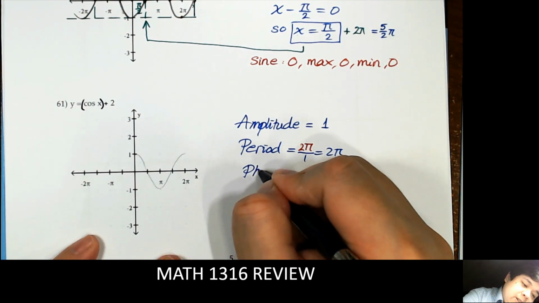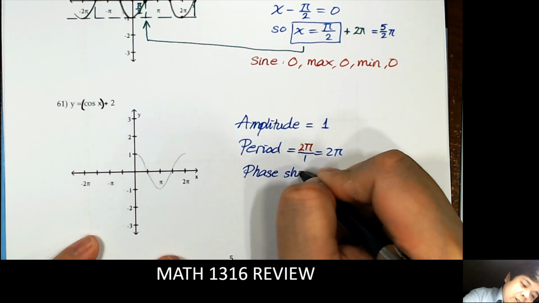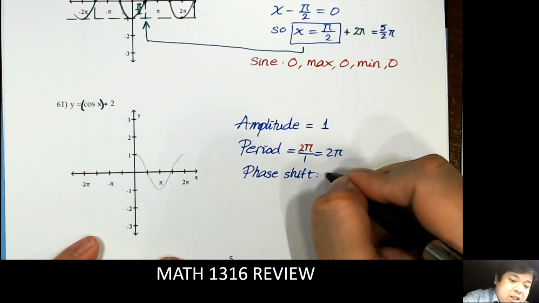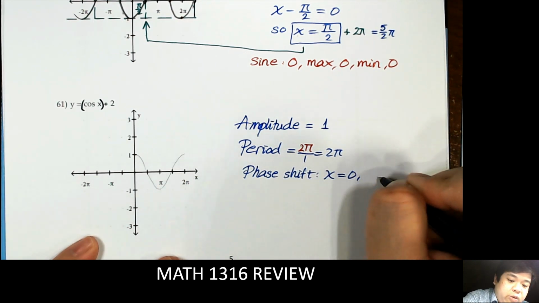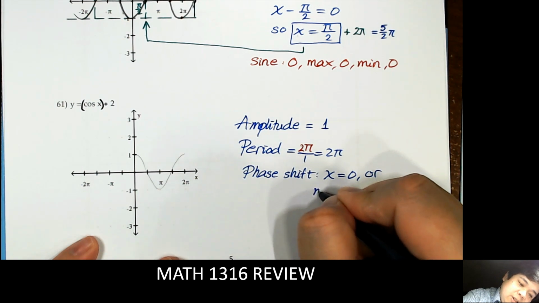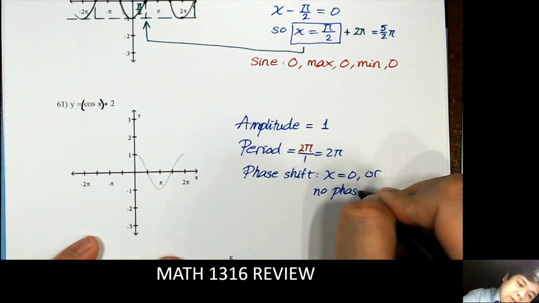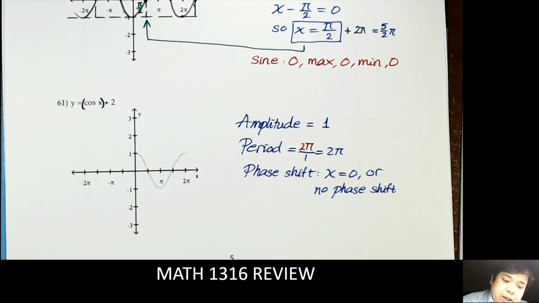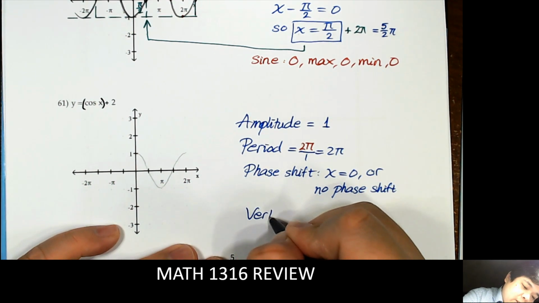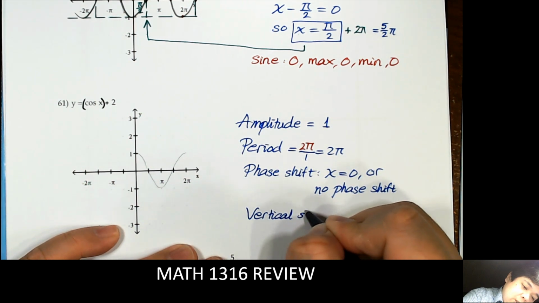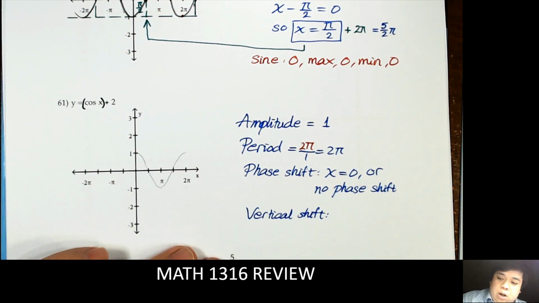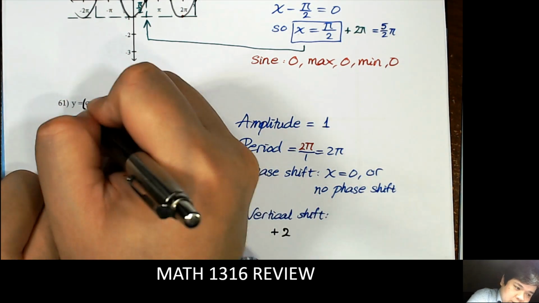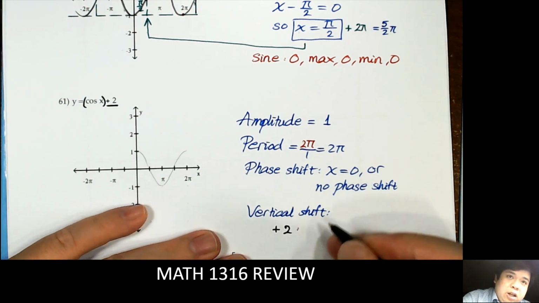Phase shift, we just have the argument of the function, so x equal to 0, or we can say no phase shift. And then the vertical shift, we have the plus 2 here, which means 2 units up.